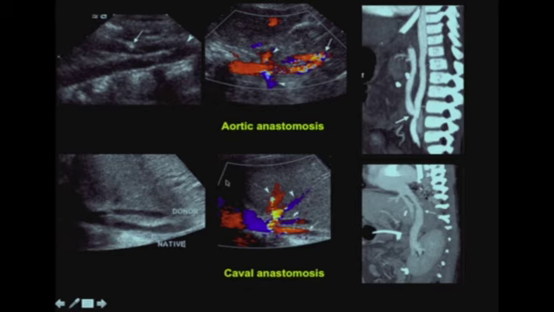Caval anastomosis, as I mentioned, is often a piggyback procedure. So here is the donor IVC. It's sewn off inferiorly and piggybacked onto the nape of the recipient's vena cava at this point. And here we can see the kidney attached to the vena cava.